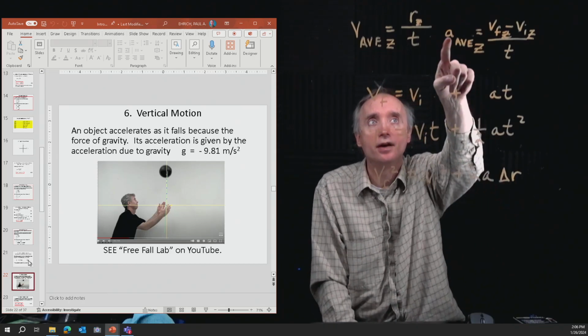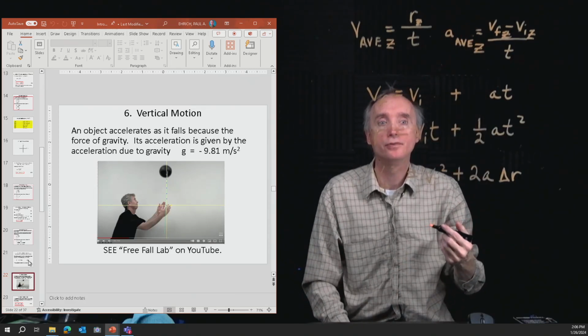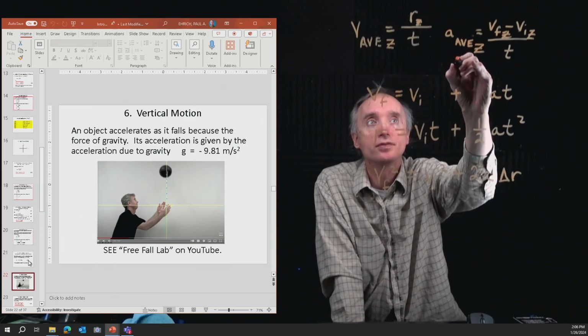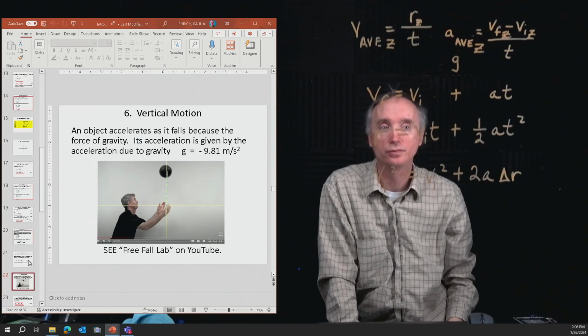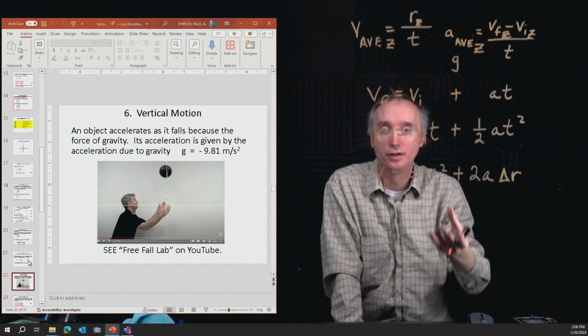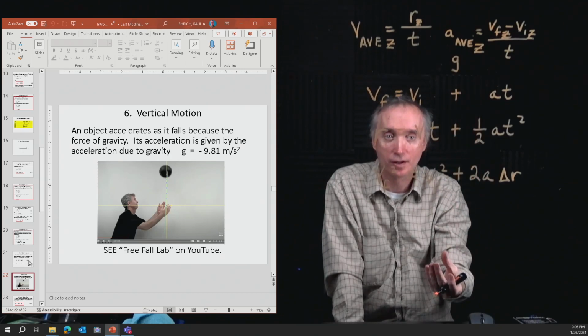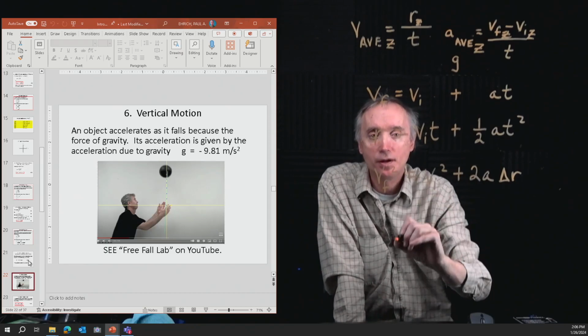So instead of the letter A, we're going to use the letter G. So this is going to be the acceleration due to gravity. It's the thing that is causing it to accelerate, so it's the acceleration due to gravity, and it's a number.